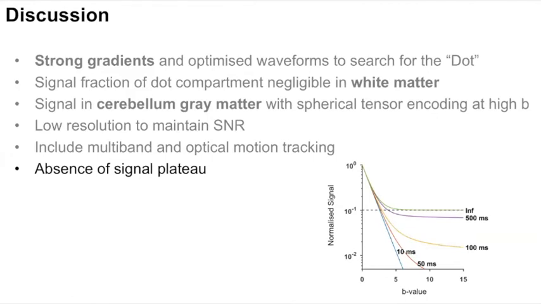Another reason might be that you have a perfectly restricted compartment with zero effective diffusivity, but this compartment is in exchange with its surroundings. So here's just a little simulation showing a perfect dot compartment, but with exchange. And if you have exchange, then you lose this signal plateau. But we cannot tell at this point whether it's diffusivity in a completely restricted pore, or whether it's exchange effects.